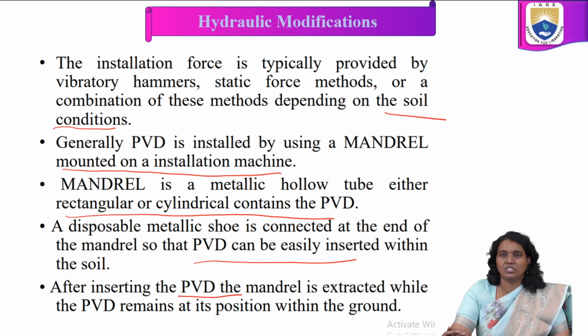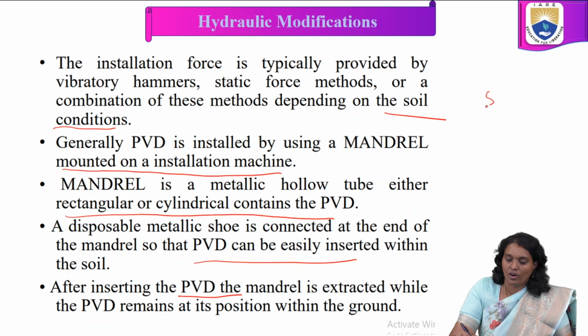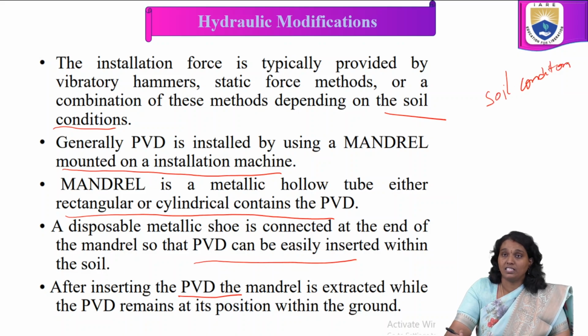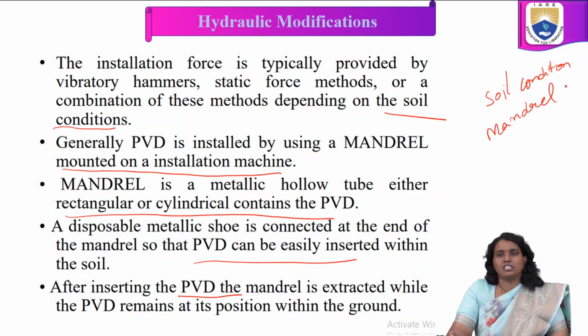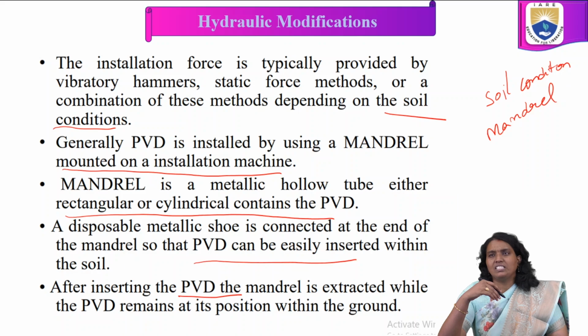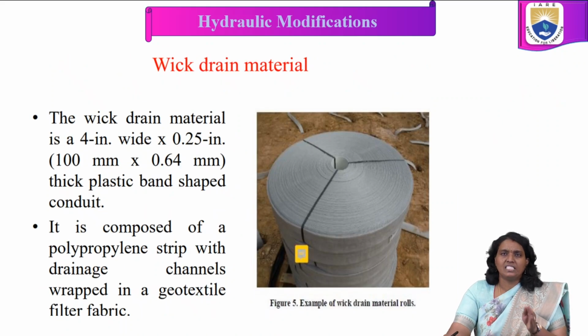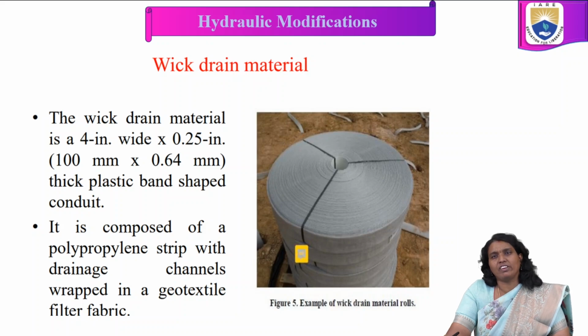So the installation procedure depends first on the soil condition. Based on the soil condition, we use the mandrel mounted machine for installation, and once installed, the mandrel is removed from the position.